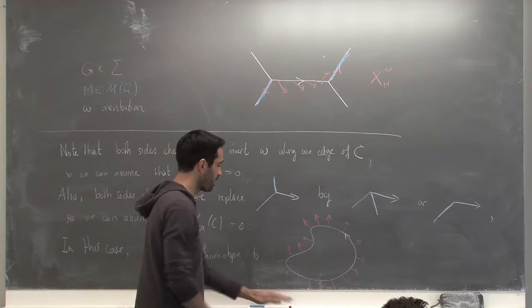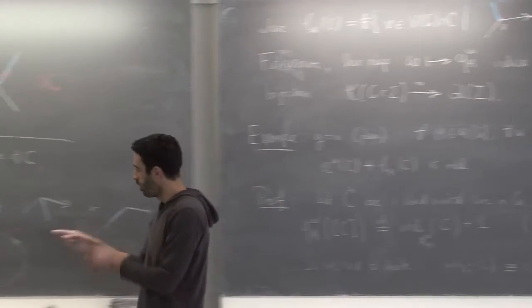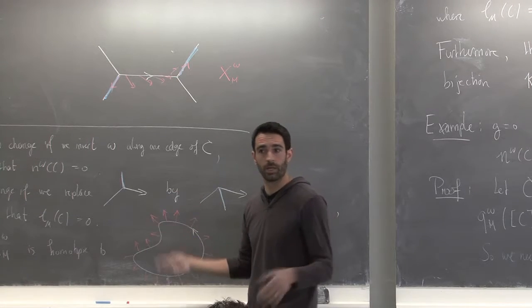And in this case, what is the winding number? Well, you see that the velocity vector field is then constant with respect to this vector, so the winding number is 0.